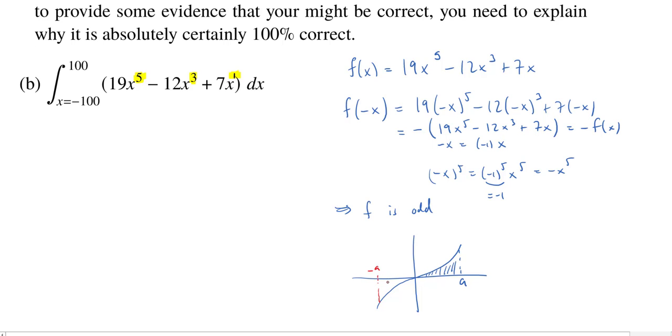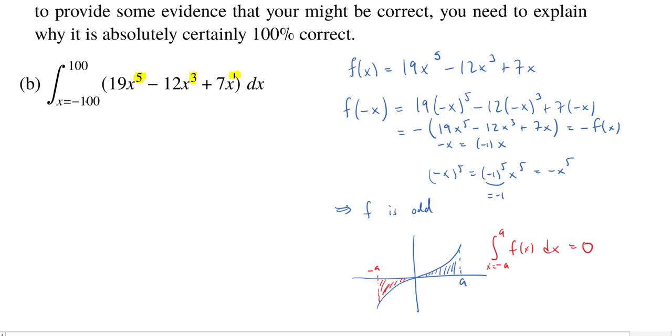So we take the signed area. If I compute that to negative A, then these are going to be the exact same other than the fact that there's a negative sign. Which means if I integrate from negative a to positive a, an odd function, I'm going to get 0.